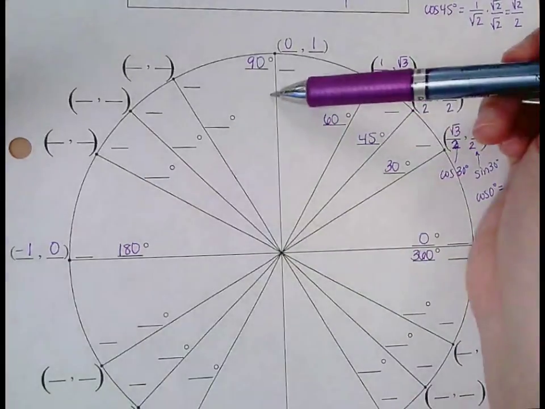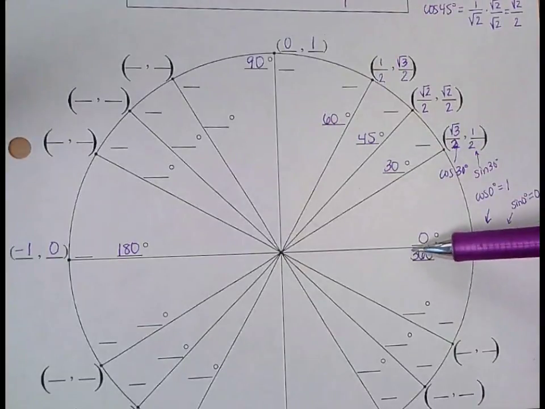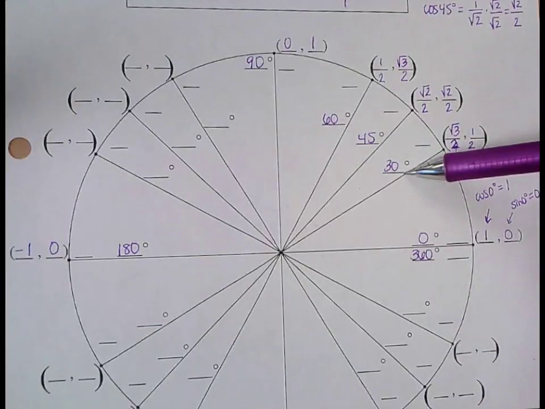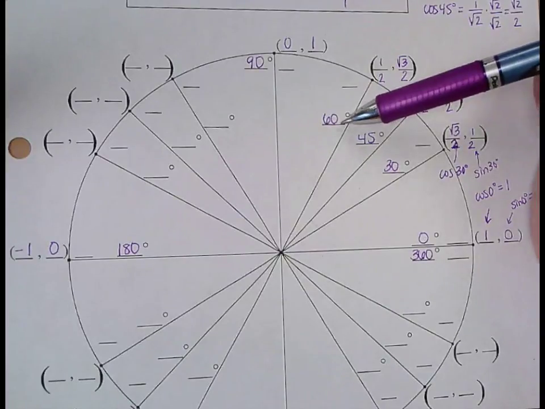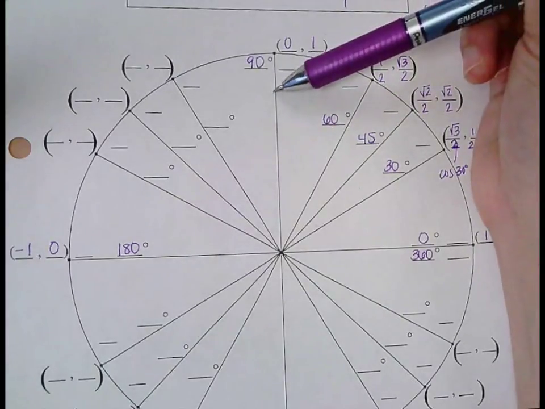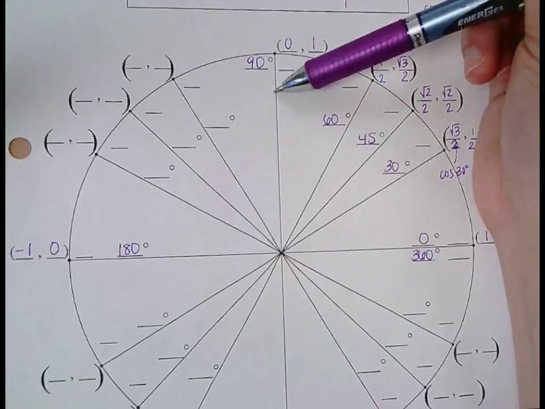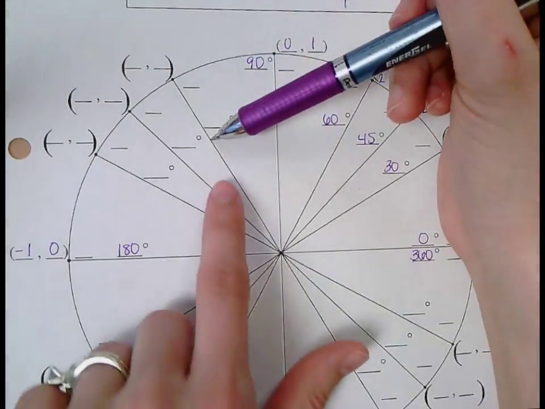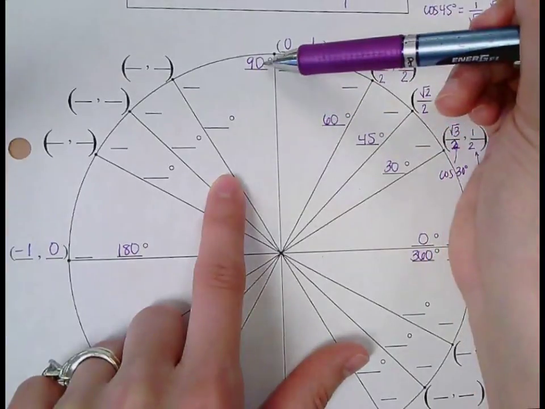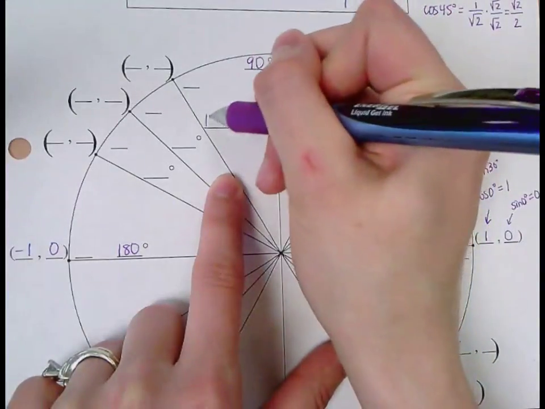If I go around the unit circle, so if I go up 30 degrees, I'm at 30. If I go another 30 degrees, I'm at 60. If I go another 30 degrees, I'm at 90. So it's splitting it into increments of 30. So if I go another 30 degrees, I would be here, and that means this angle is 90 plus 30, so this angle would be 120.